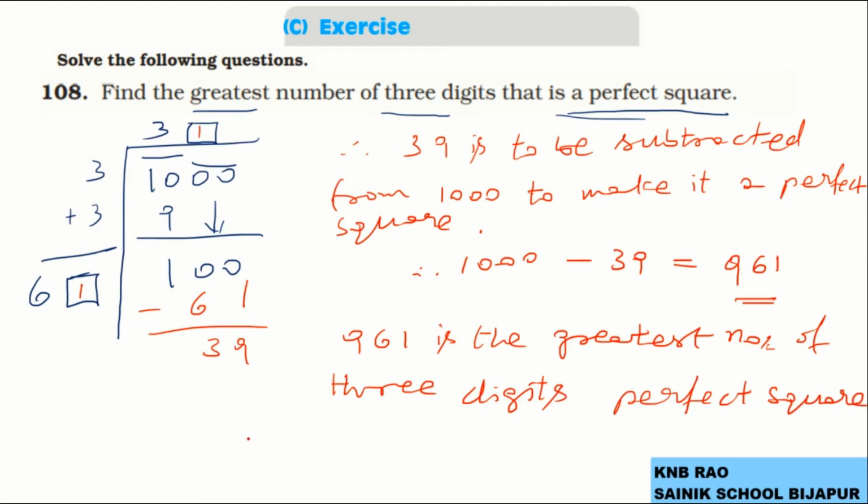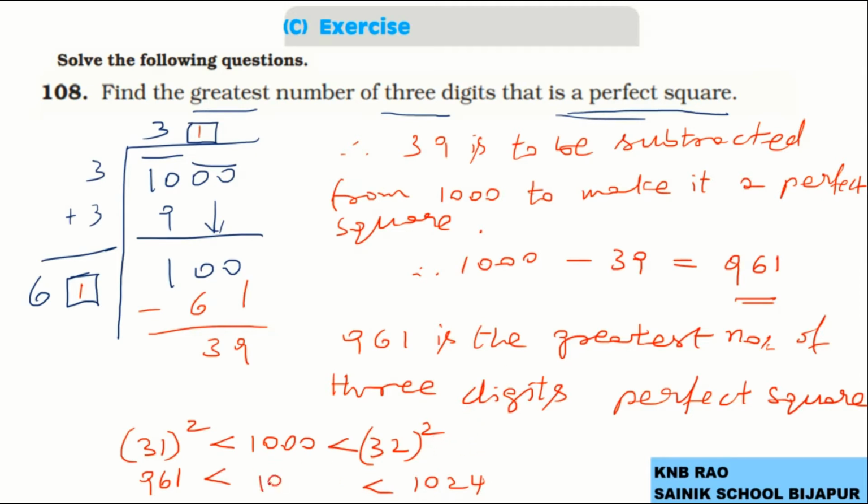So you could see 1000 being a number between 31 square and 32 square, where 31 square gives the greatest 3 digit perfect square and 1024 gives the smallest 4 digit perfect square, where from this 1000 we got both.